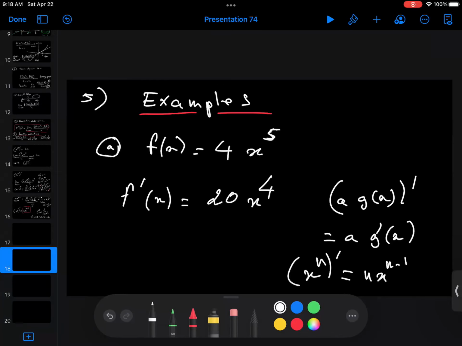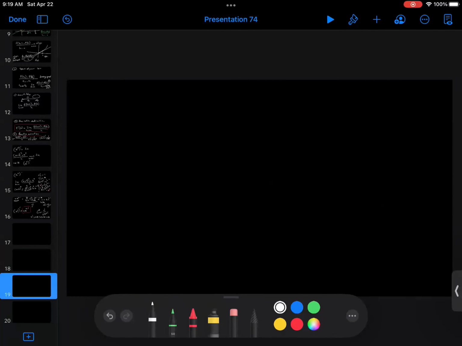If you want to interrupt me, don't hesitate. We can spend more time explaining. If there are no questions, I move to the next example. I call it B, and let's say f of x is equal to 3 divided by x squared.